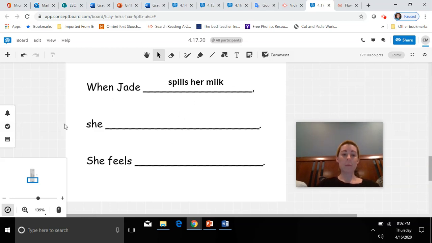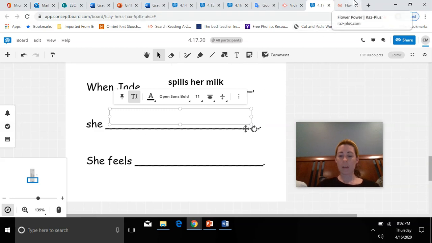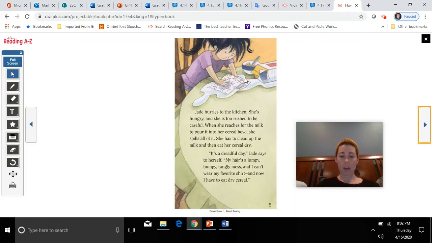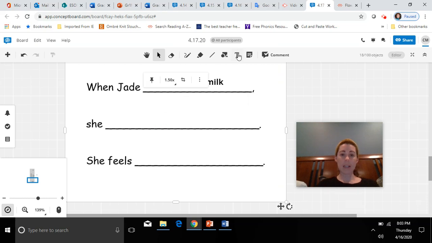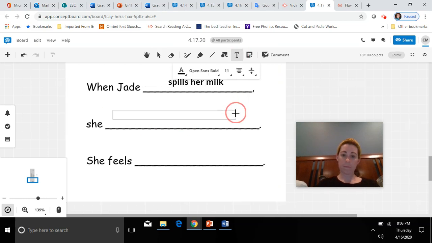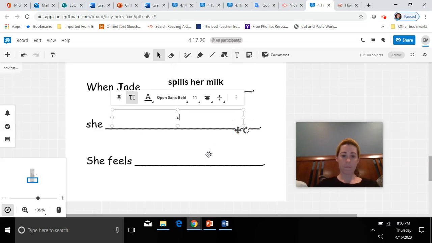When Jade spills her milk, she, let me go back and look one more time. I can use the picture to help me too. She cleans it up and eats her cereal dry.